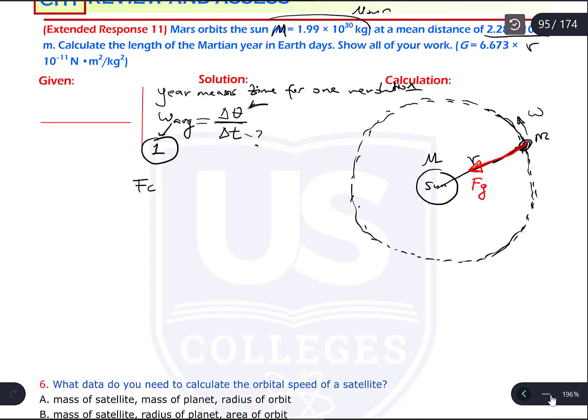Fc in here is the gravitational force. This is the centripetal Fc for Mars, because Mars is in circular motion.